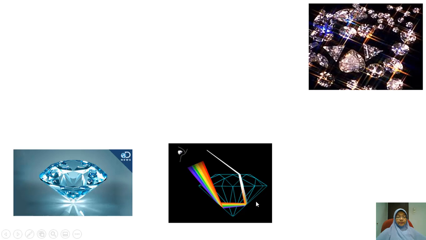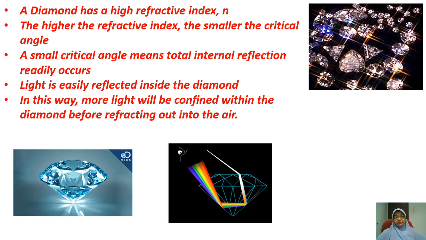Okay, endoscope. Now, the glittering or sparkling of diamond. A diamond has a high refractive index. It's the densest material on earth. Remember the formula n equals 1 over sin C, so they are inversely proportional. The higher the refractive index, the smaller the critical angle.